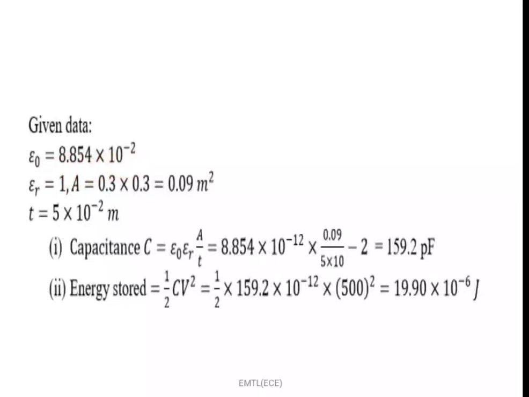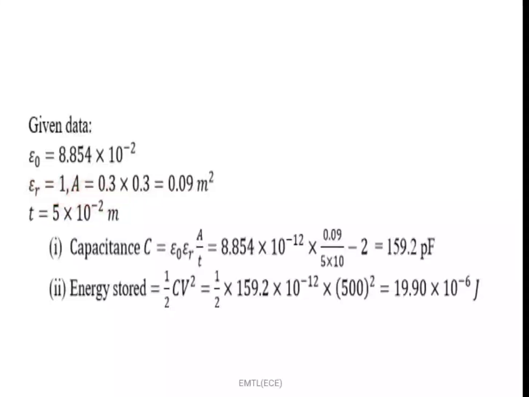So here the epsilon naught value is taken as 8.854 into 10 power minus 12, and epsilon r, the space between the parallel plates, is air.